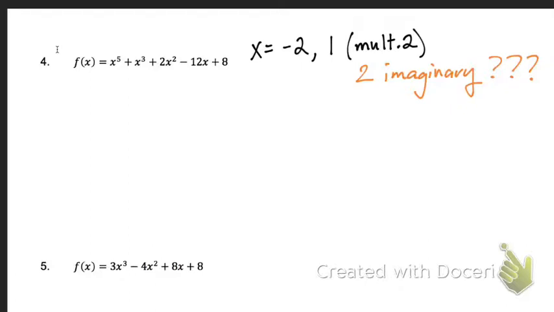So I'm going to do synthetic division 3 times. So let's start. What would the numbers be going across? 1, 2, negative 12, 8, and 0 for the x to the 4th, because there's no x to the 4th.